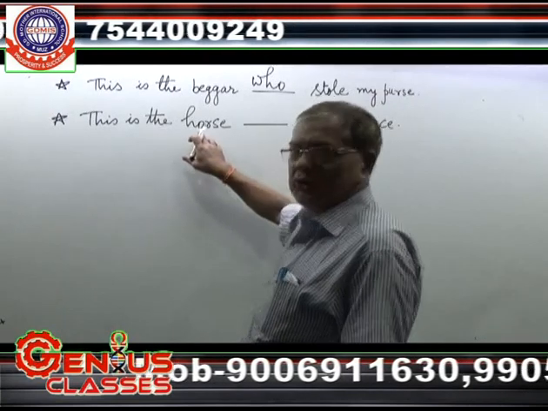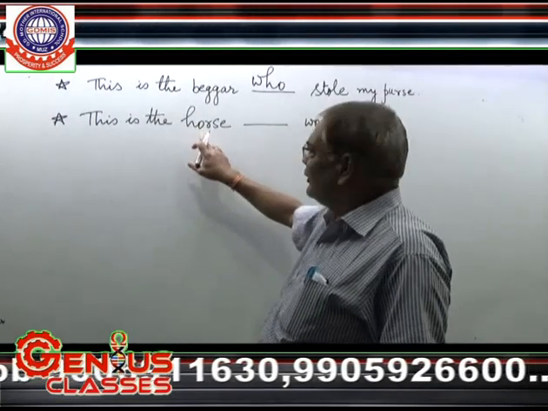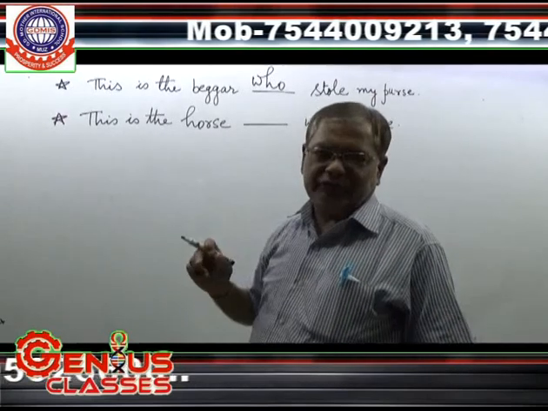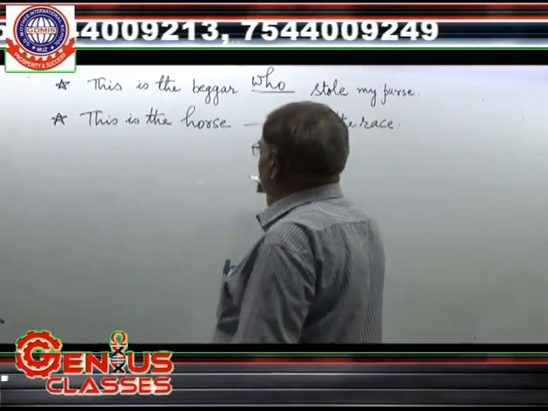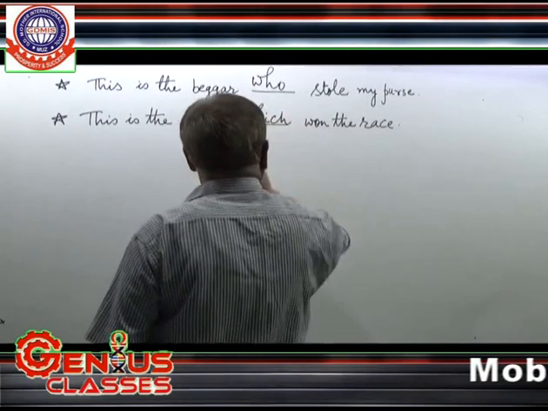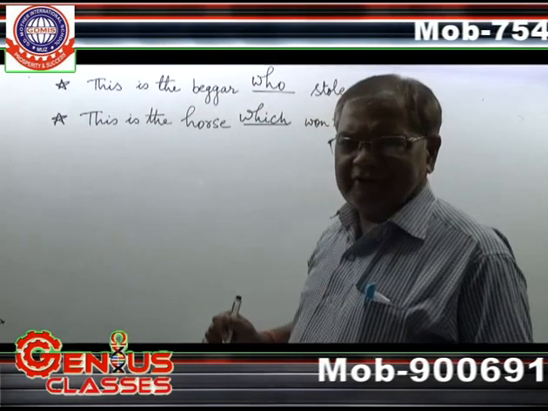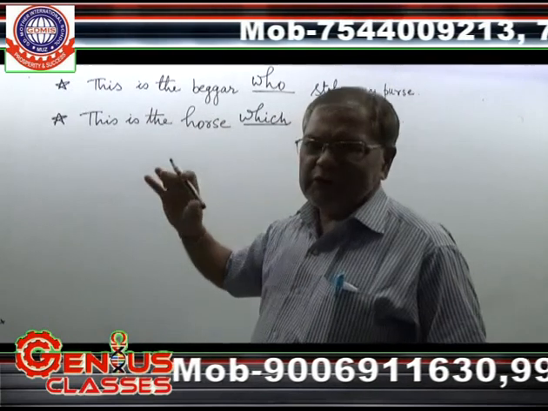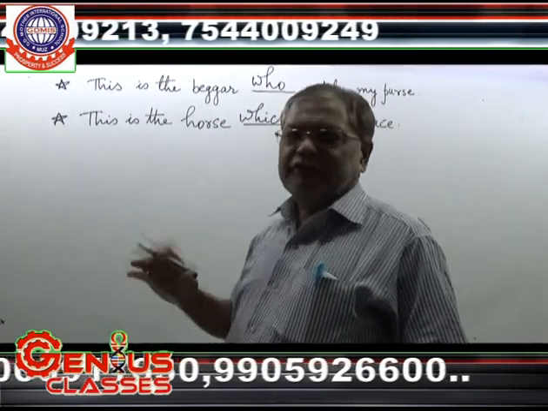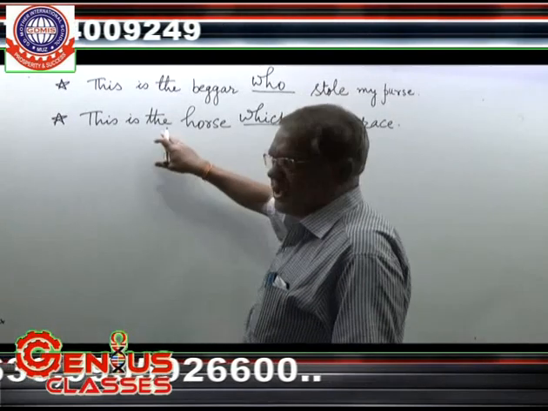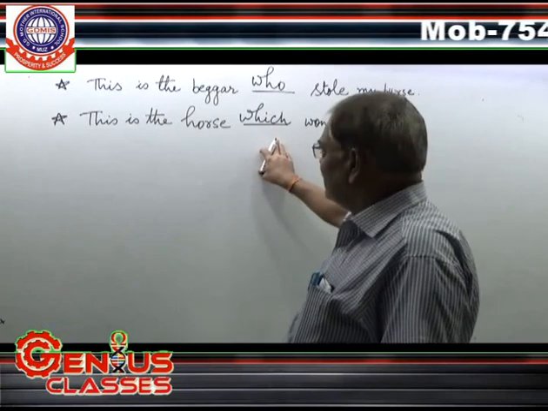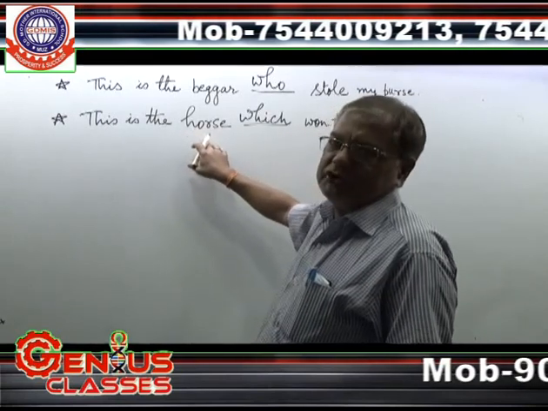This is the horse. Horse is an animal. So, for an animal, the suitable relative pronoun is which. So, this is the horse which won the race. Like this, you have to fill in the suitable relative pronoun, matching the word given just before the dash.